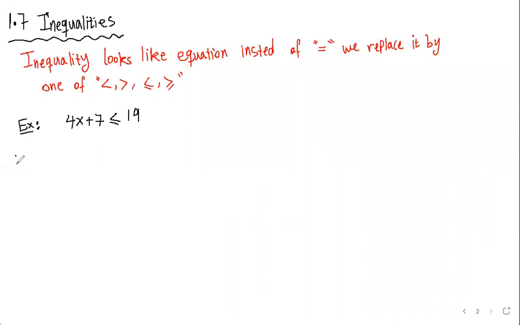Then we have to know some rules for inequality. First thing to know: if A is less than B and we add the same quantity to both sides, I get an equivalent inequality, A plus C less than B plus C. Like I said, it's similar to an equation.